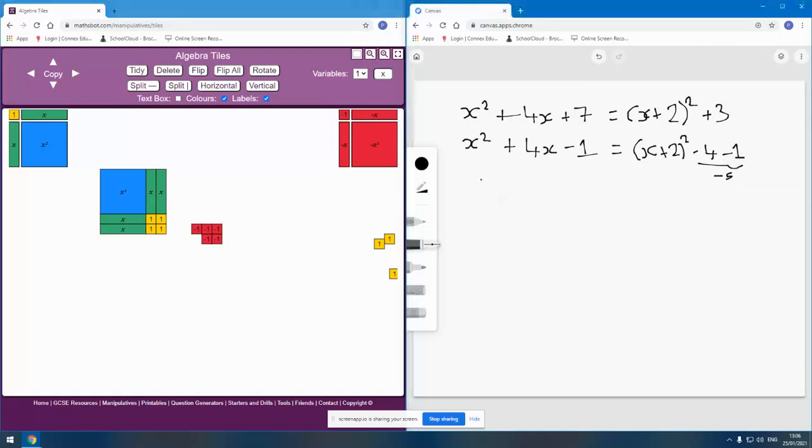So say, for example, we looked, just very quickly, at x squared plus 4x plus 3. So I don't need any of these -1s for now. And I've got my 3. So you can see here I've got my x squared plus 4x plus 3, and I've been through the process of trying to arrange those as a square. Well, I can see that in this case, again, I've got nearly a complete (x + 2) squared.